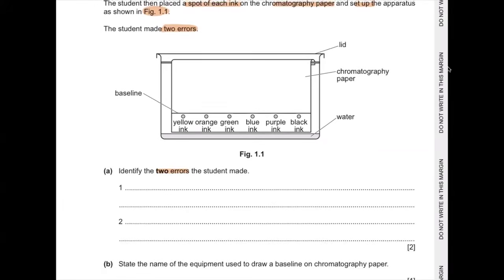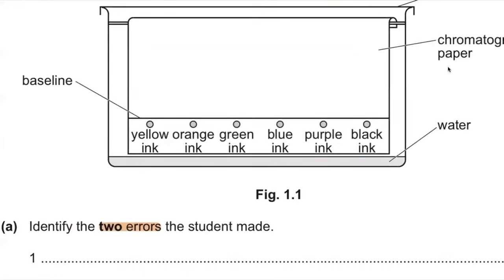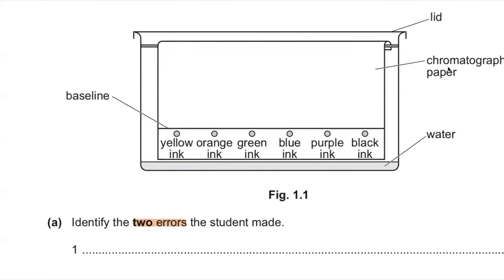So if you look at this diagram, the one error over here, you can easily figure out that there is a water. And if you see the water is below the chromatography paper, the chromatography paper is not dipped in water. So water level must be like this over here, that some of the chromatography paper must be dipped in the water and it is always dipped in such a way that the level of water is always below the baseline.